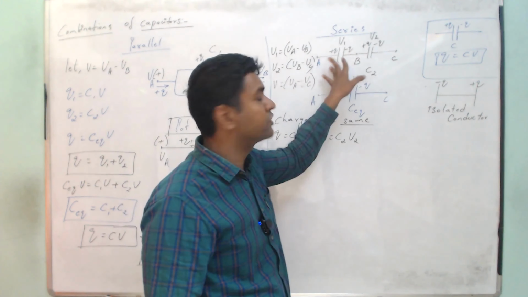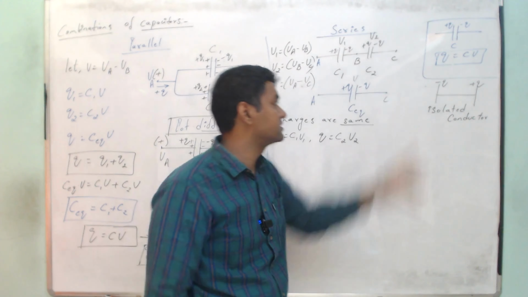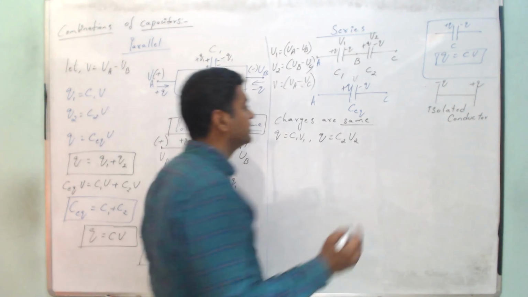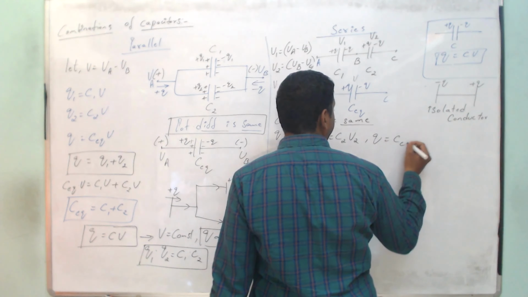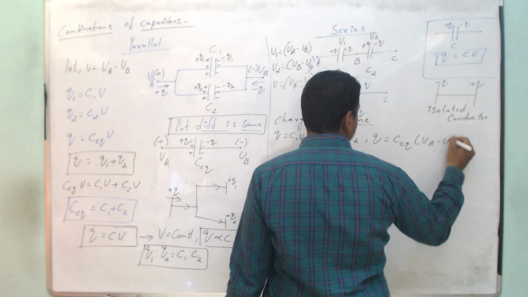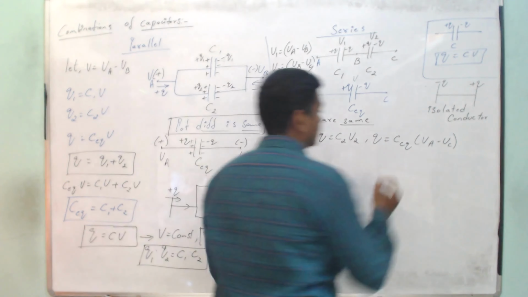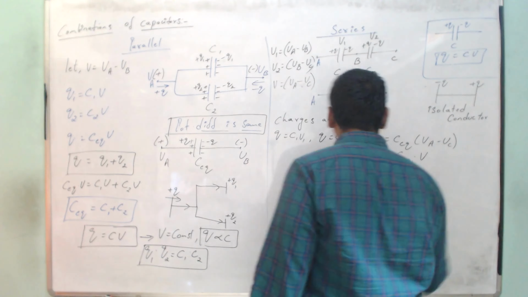Because potential differences are different. A minus B and this is B minus C. And now the last one is basically Q is equal to C equivalent into VA minus VC. Correct? Or we can write it as V also, equal to C equivalent into V.